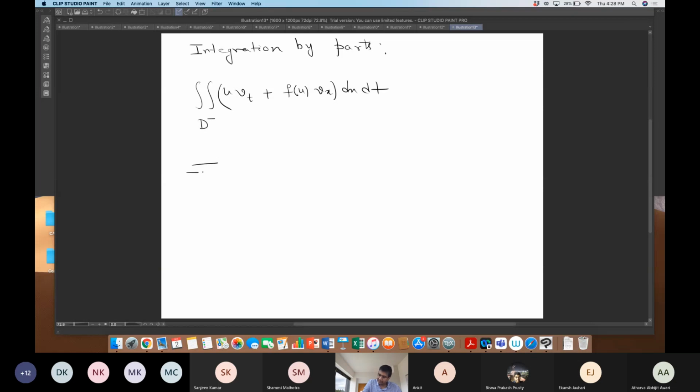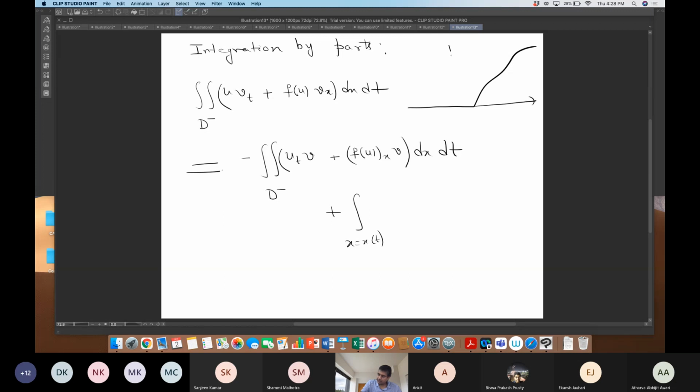By integration by parts, I can write this as minus the integral over D minus of u v_t plus f of u v_x dx dt, plus the boundary term at x equal to xt. This is x, this is t, this is xt. This curve is your x equal to xt. So the boundary of D minus is this curve and this curve.